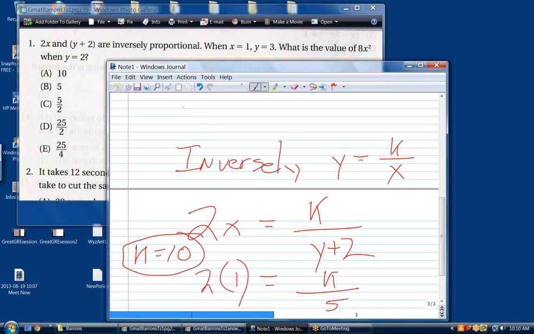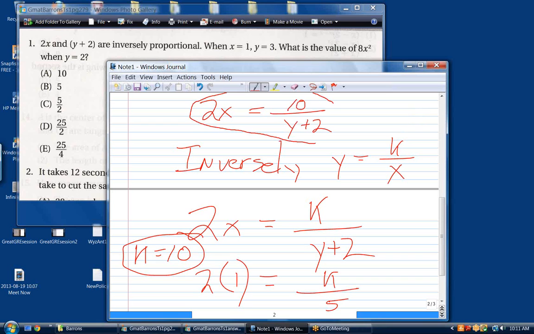Now, if we go back and rewrite our formula, we have 2x is equal to not k anymore, but 10 divided by y plus 2. So now I can solve for x when y is 2. I'm going to plug in 2 for y, so 2x is now equal to 10 over 4. So x is equal to 10 over 8, which is 5 over 4.